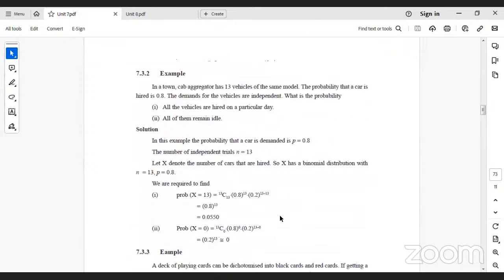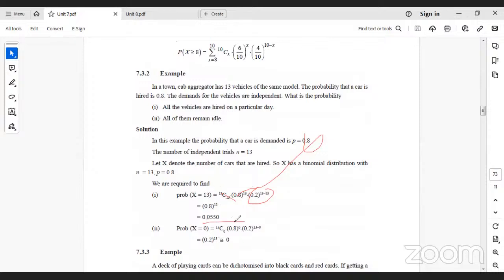Then we are required to find the probability that X is equal to 13. That is 13C13 times 0.8 to the power 13 times 0.2 to the power 13 minus 13. So 0.2 to the power 0 is 1, and 13C13 is equal to 1.